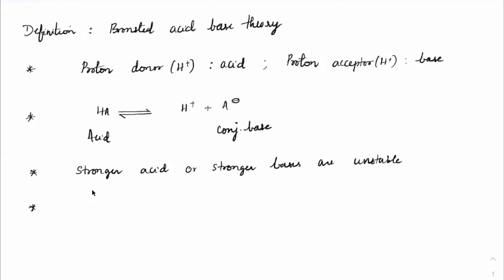All right. Next, a strong acid and a strong base reaction would normally be one-sided. It will always give you a weak conjugate base and a weak conjugate acid. It is mostly irreversible.